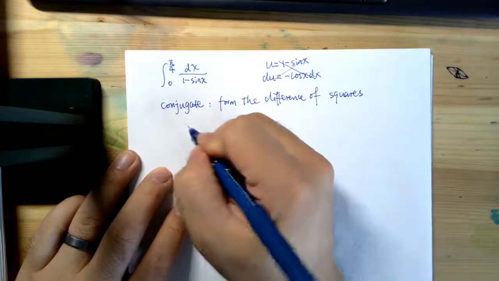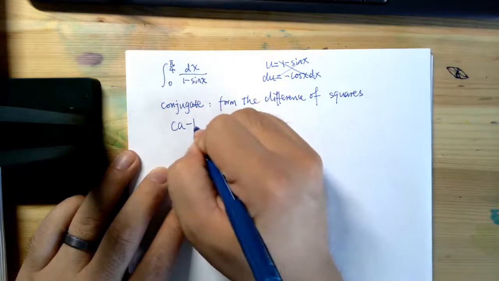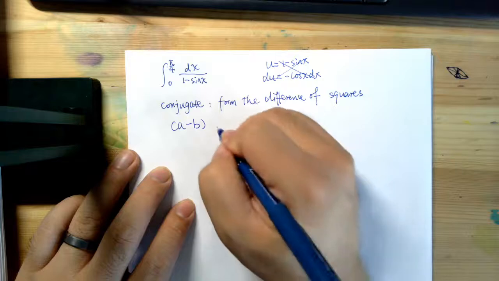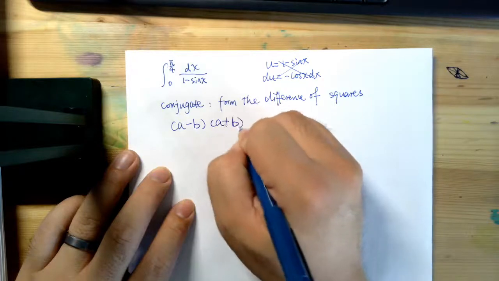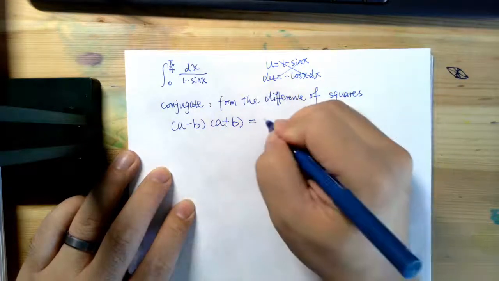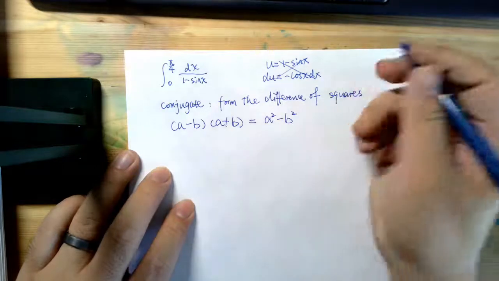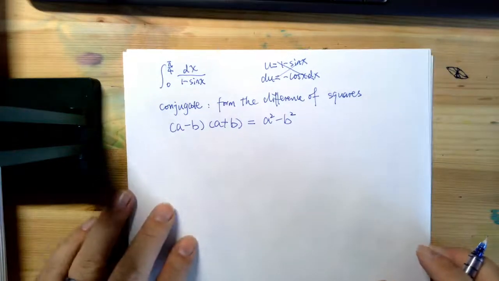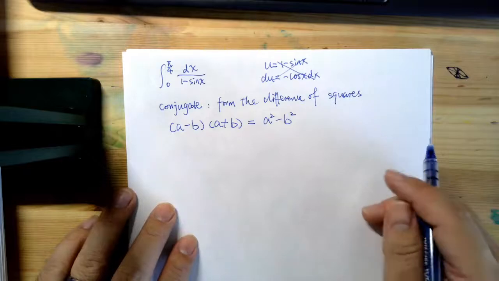For example, if you have a minus b, the corresponding conjugate is a plus b. If you multiply them, you're going to have a squared minus b squared. Okay, so that's the central idea.